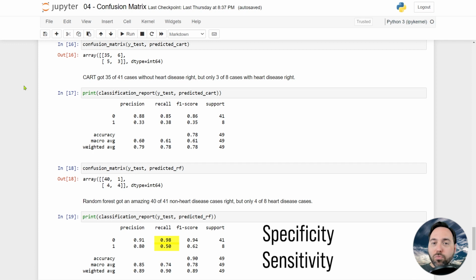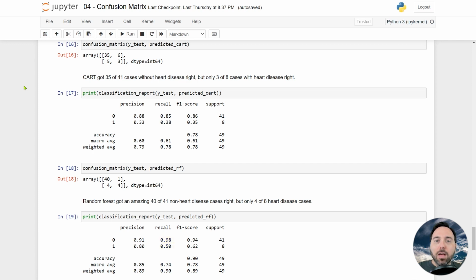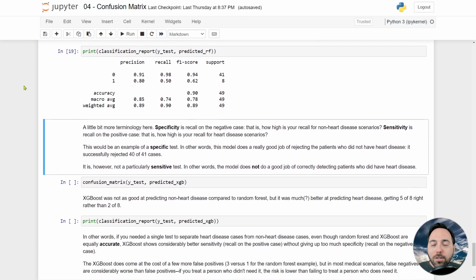We would say that this random forest model is a specific test, but not a sensitive test, based on the data that we have available to us. In other words, it does a great job of saying who does not have heart disease, but not a great job of saying who does have heart disease.